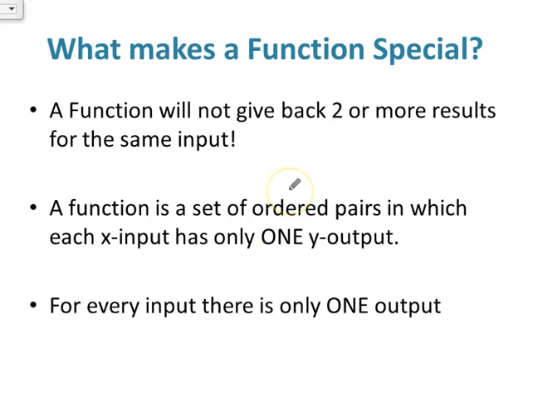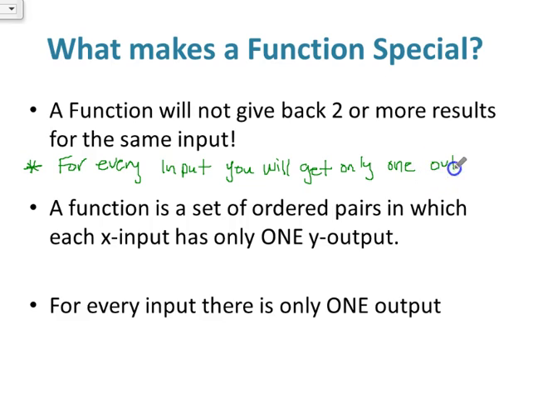So let's talk about what makes a function special. Whenever we put an input in, or we plug in an x value, a number for an x value, you will never get 2 or more results for the same input. A better way to put that is, for every input, you will get only one output.